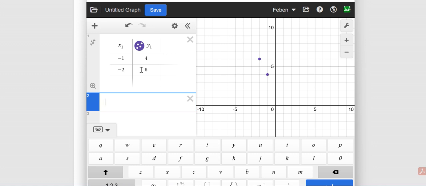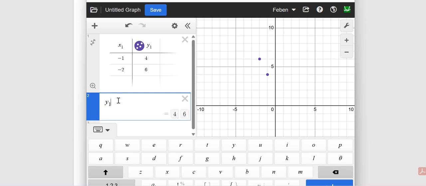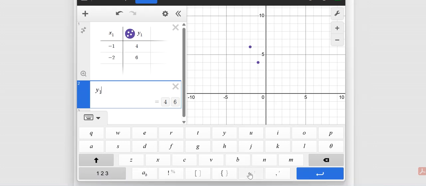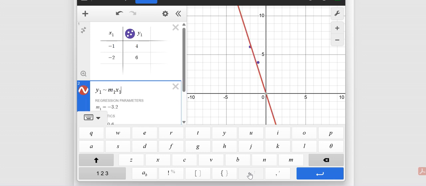So next we write the linear equation for y1, and we have to use the approximate sign instead of the equal sign. y1 approximately m1 x1 plus b.